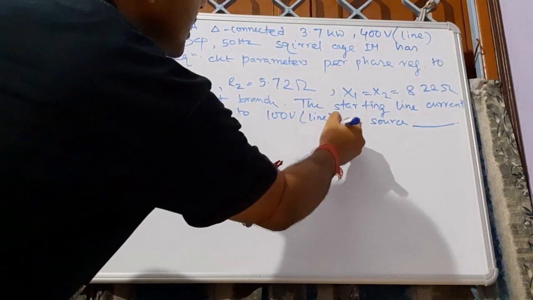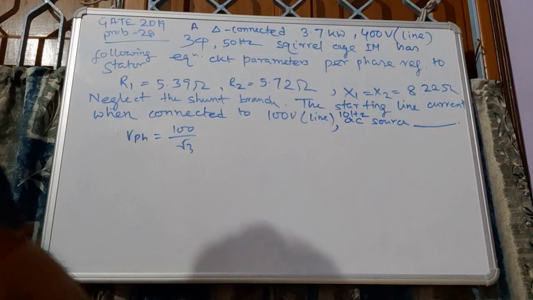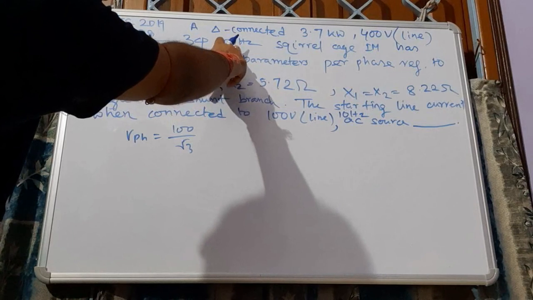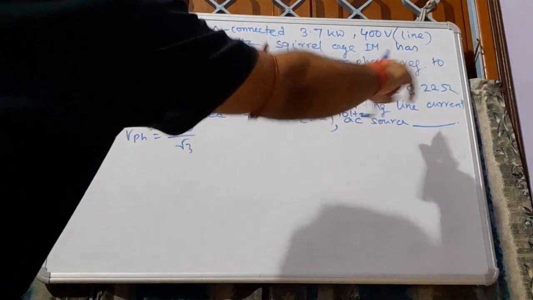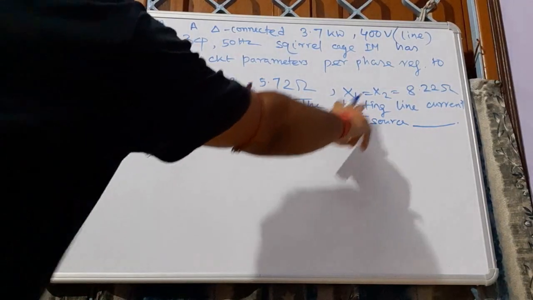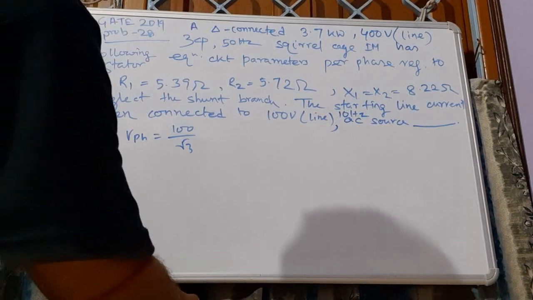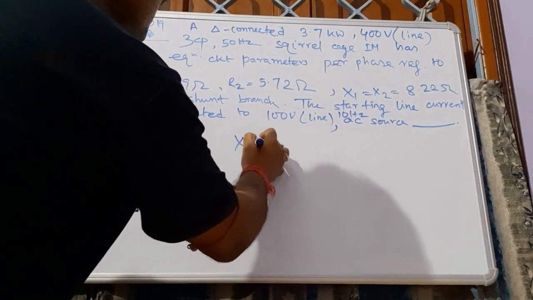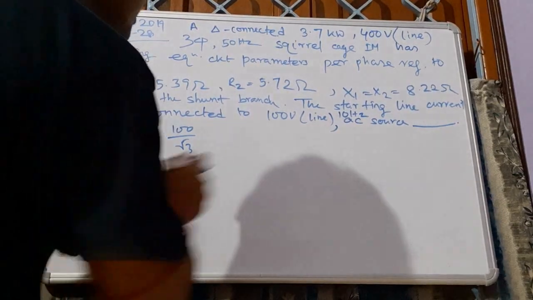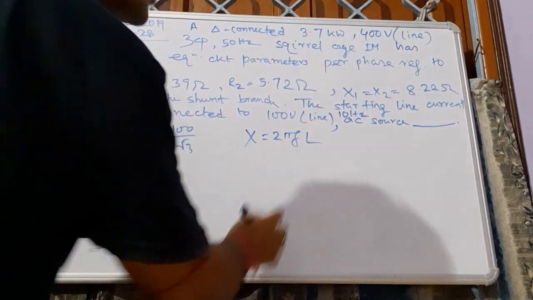Okay, one thing I need to write, this is 10 hertz in this question. Now for 50 hertz we have X equals 8.22 ohm. So this will not be the same for 10 hertz, because X is proportional to F, as X equals 2 pi F L, right?